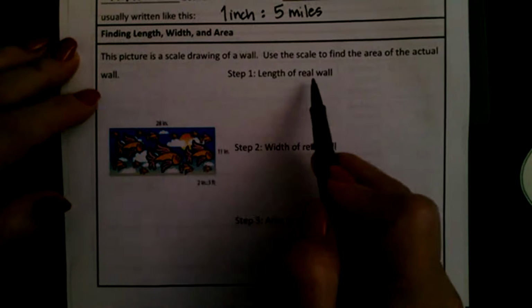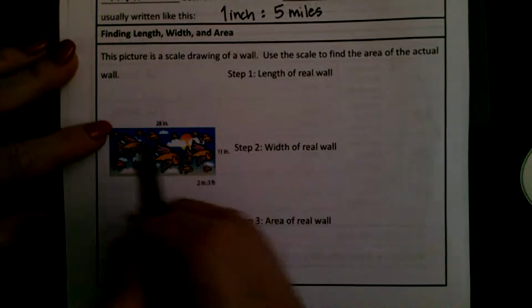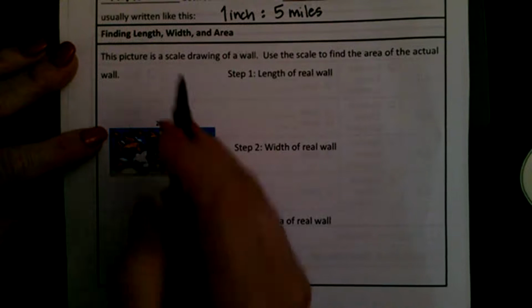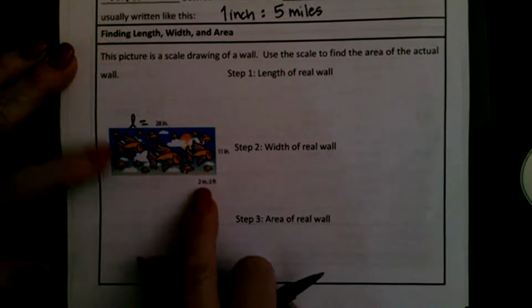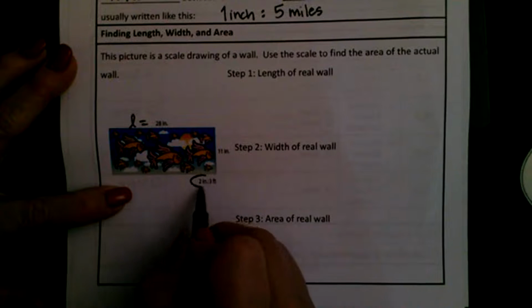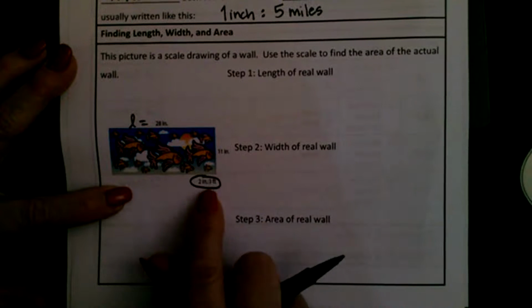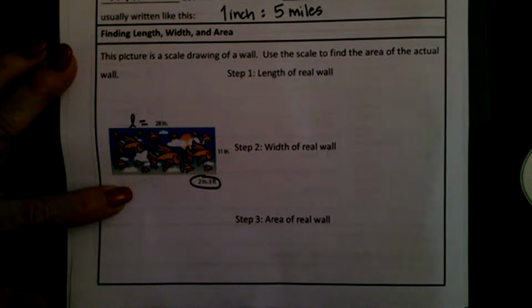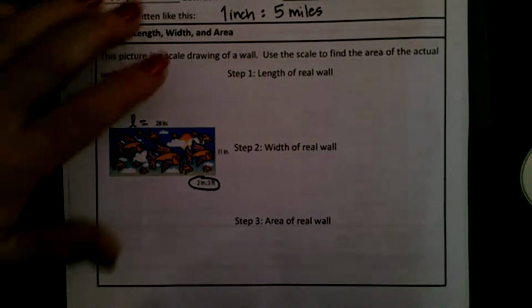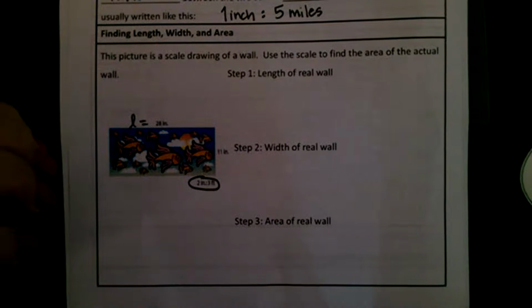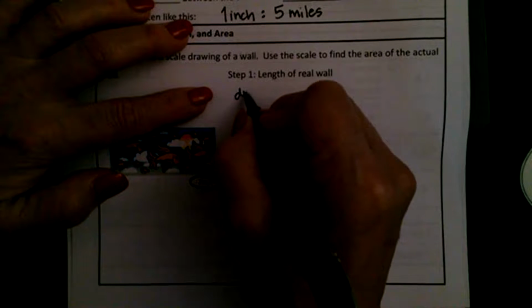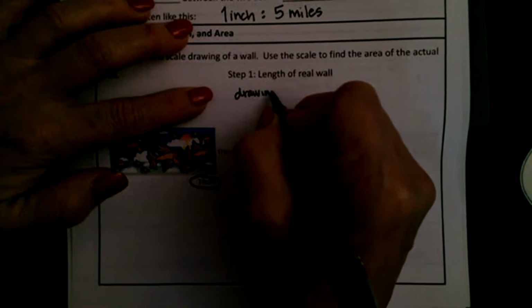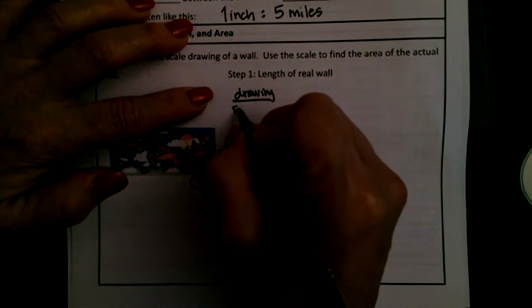Okay, so step 1, we're going to find the length of the real wall. So the length of the picture is right here. We're going to do length is 28 inches, okay? But here's the scale right here. We're going to use this scale as our given ratio. So the word ratio when you're talking about scale drawings or scale models is drawing compared to real life.